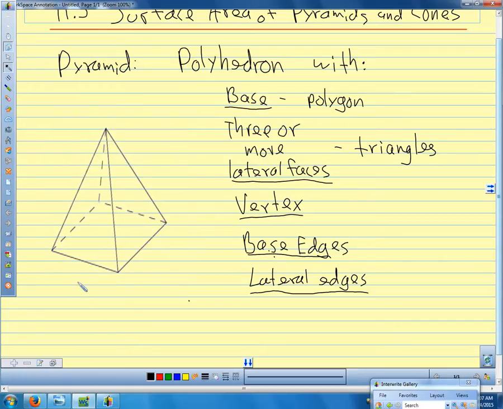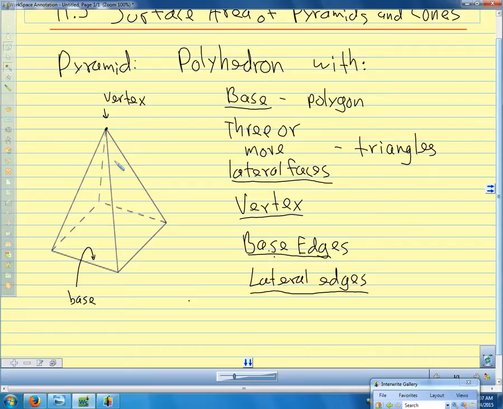So the base is here. This is our vertex right up here at the top. The triangles are lateral faces. I'll label this one. The triangle is the lateral face. This segment is a lateral edge. And this edge would be a base edge.